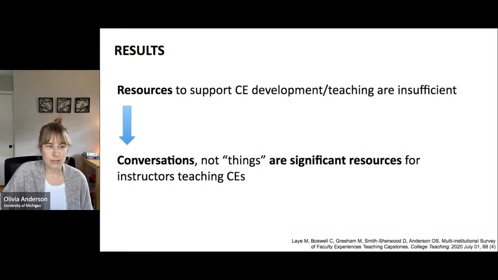As we looked into the transcripts of those interviews, a main theme that we found was resources, and a sub-theme from that was conversations. We were able to further isolate text in those transcripts surrounding conversations to learn more about what capstone instructors were experiencing surrounding that sub-theme in particular.